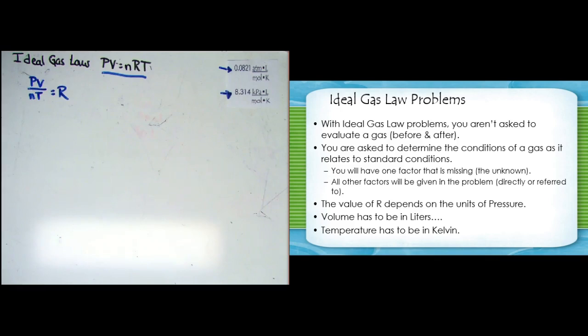What we are always doing is comparing pressure and volume to the standard conditions. That's why R is in there. You're going to have one factor that's missing, and all the other factors will be given. Again, remember the value of R depends on the units of pressure. Volume has to be in liters. Temperature has to be in Kelvin.